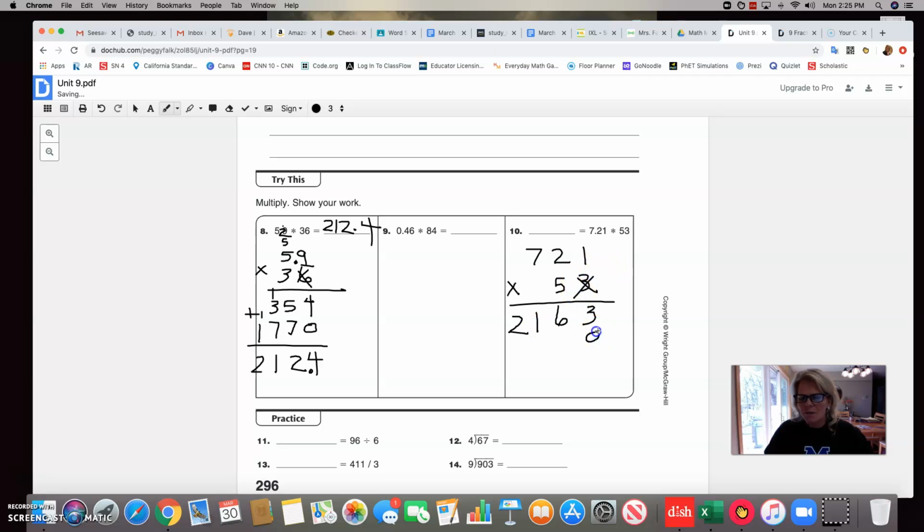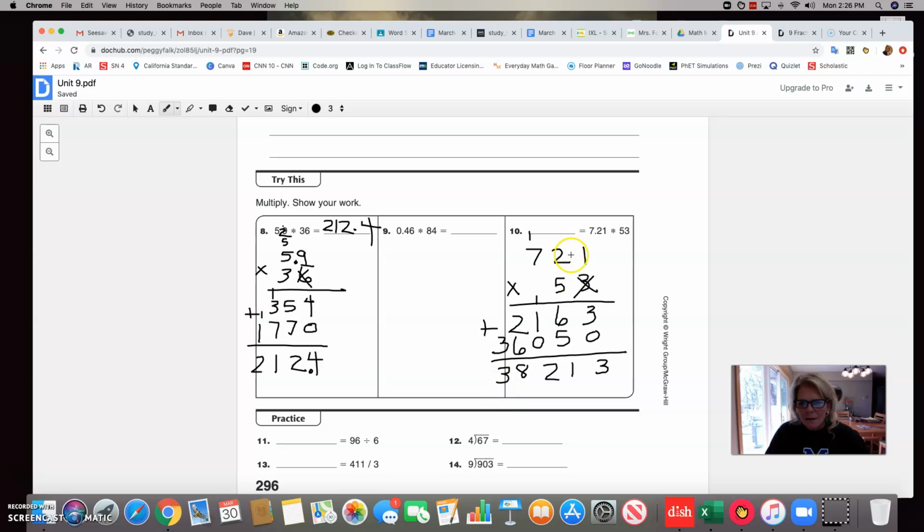Here's my placeholder. 5 times 1, 5 times 2 is 10, carry the 1. 5 times 7 is 35, plus 1 is 36. Add them up. 3, 11, carry the 1, 2, 8, 3.